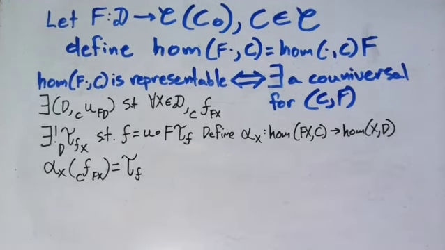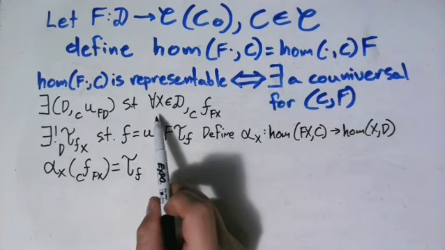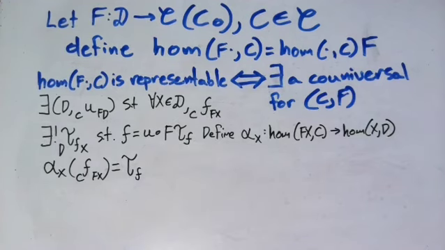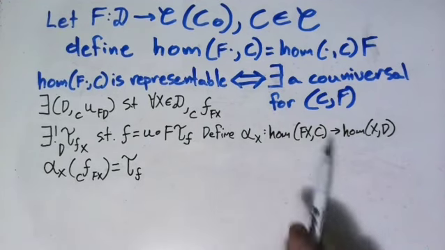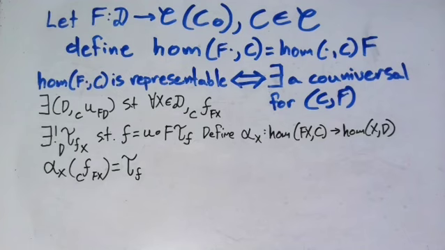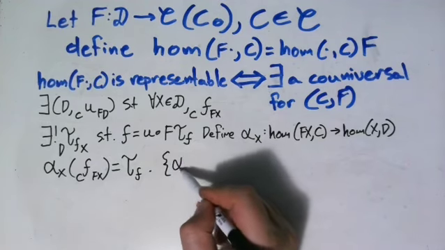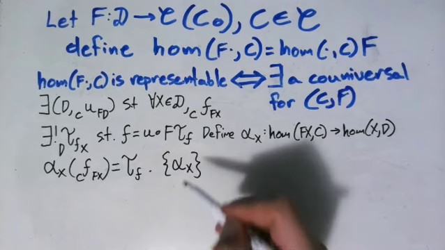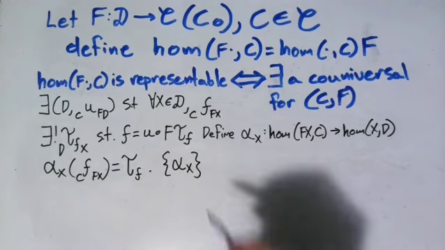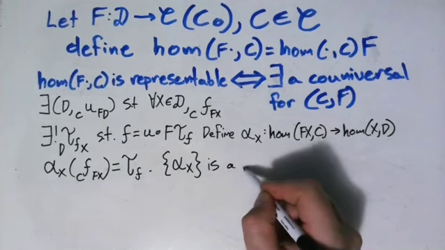But notice again that this argument applied to any x in D. So that means we can create an alpha x for any of the x's in D, and this argument will apply equally to all of them, which means that actually the set of all alpha x for all x in D is a family of bijections.